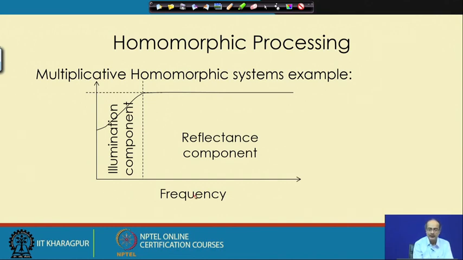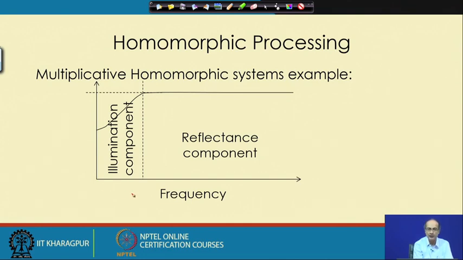The different parts have different amounts of activity, which changes very quickly over space. So the reflectance component is in the high frequency domain, whereas the intensity is slowly varying. So we can use simple filtering to separate them in the homomorphic domain.